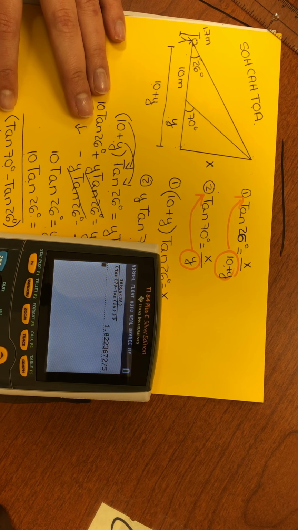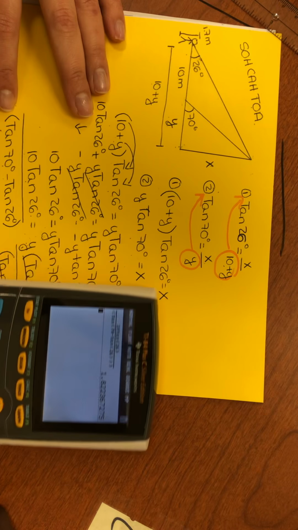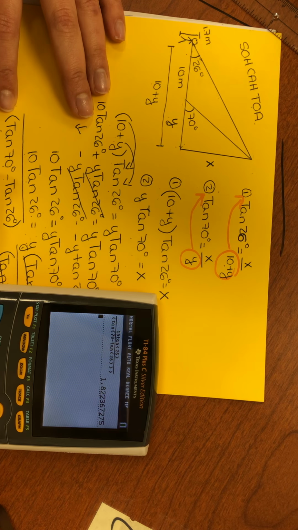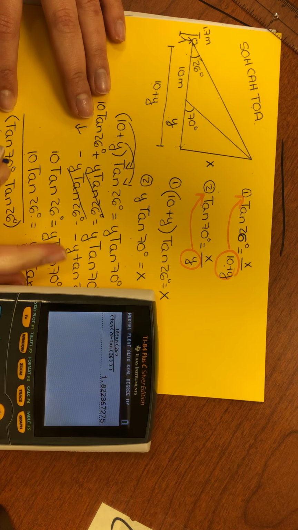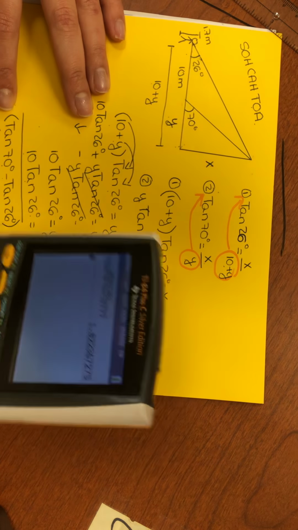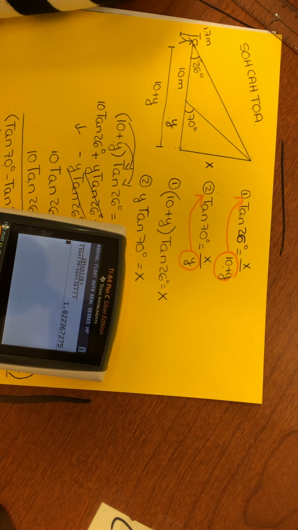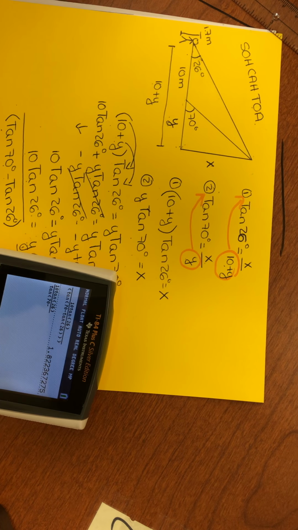1.8. Let me make sure that's right. Y equals 1 point, and I want you to round that number. Let me just do it again to make sure it's right. You do 10 tangent of 26, close parenthesis, you go down, tangent of 70 minus tangent of 26.